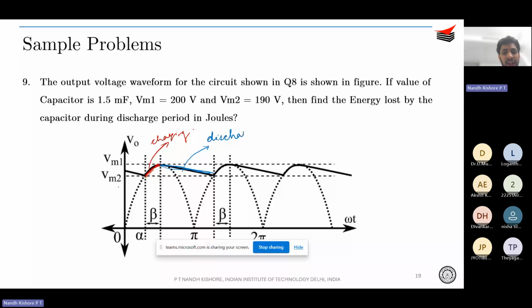So he is asking what is the energy lost by the capacitor during the discharge period. C is given, and Vm1 and Vm2 are both given. So anyone, any guesses? How do you find out the energy lost by the capacitor during this discharge period?